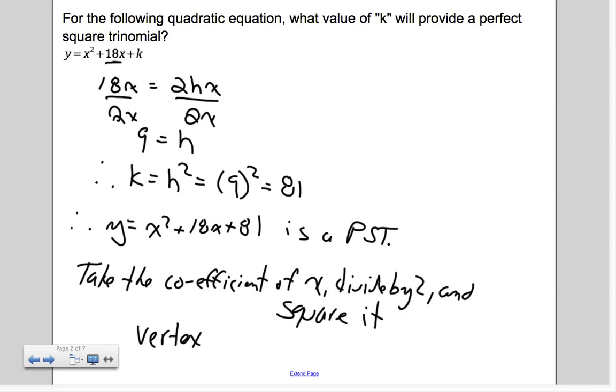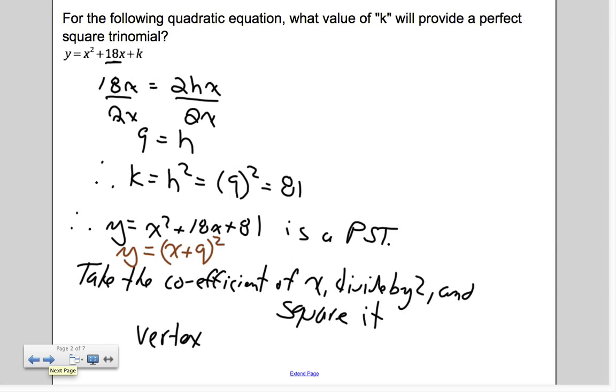So while we're waiting for you, Zach, Sabrina, it's -9, 0 because we got x plus 9 quantity squared. Yeah, the whole reason we're getting the perfect square trinomial is that we can factor this now as y is equal to x plus 9 quantity squared.